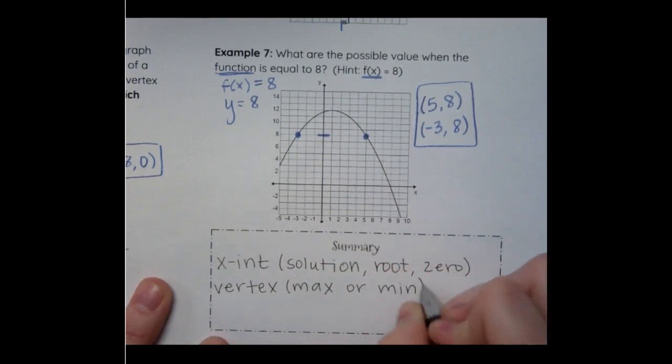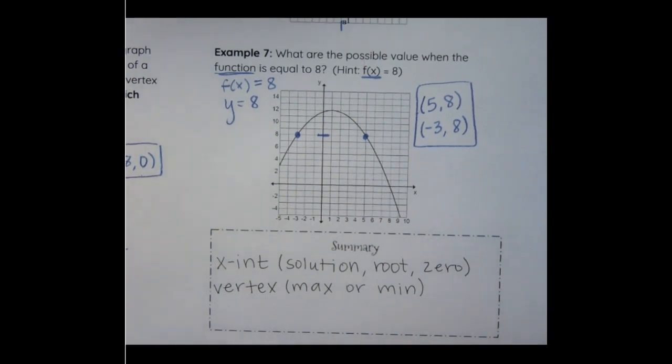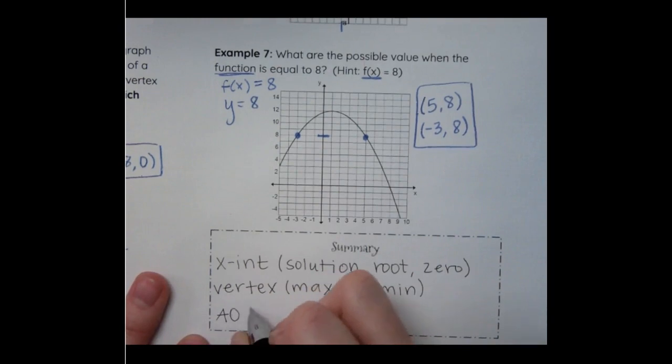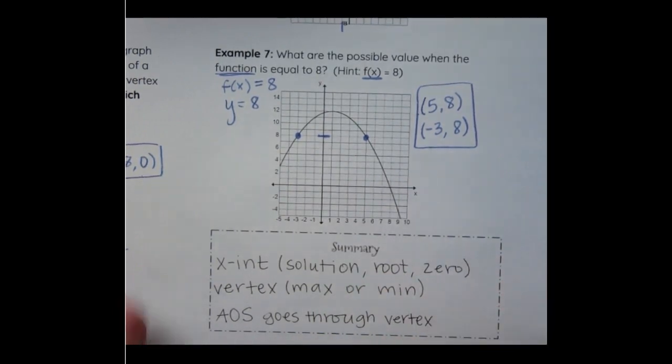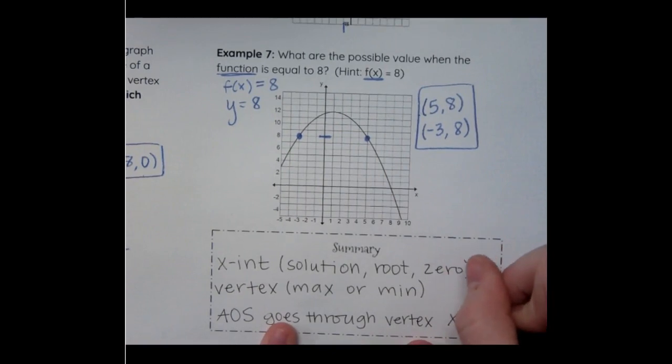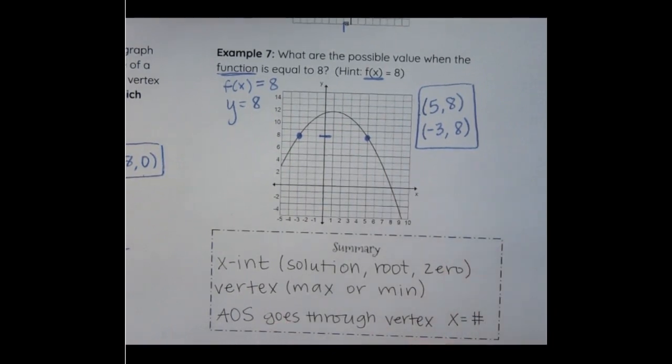It depends on if it's the biggest point, the highest point, or the lowest point. And remember that the axis of symmetry goes through the vertex. And then the way we write it is x equals a number. Those are the 3 big important things that we had from our notes today.